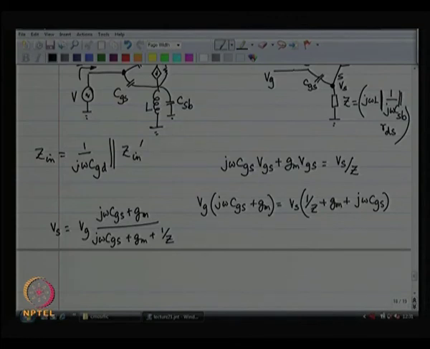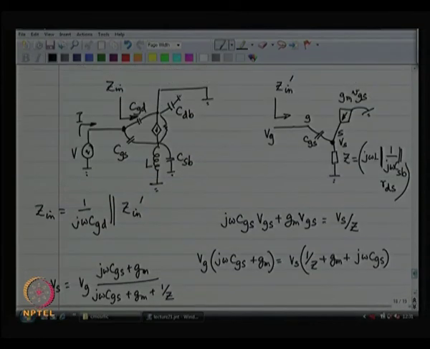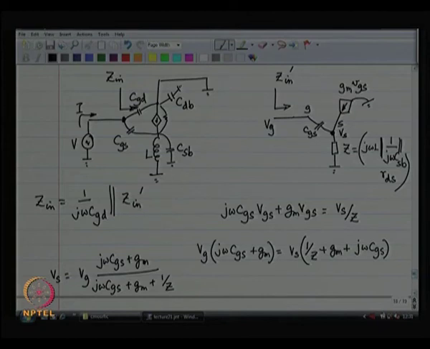Now, we have found out what is Vs, and therefore, we can find out the input current, right. All right, we are going to stop here.